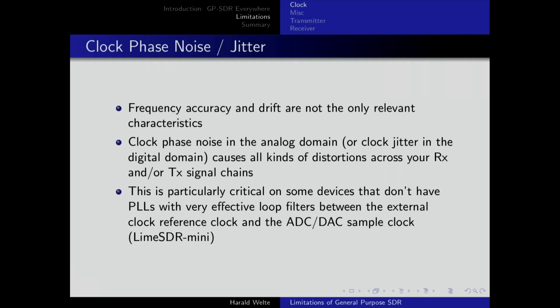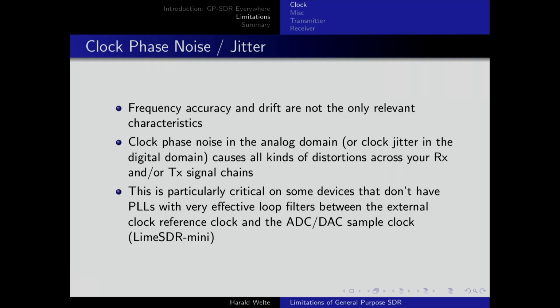And it's a problem because the phase noise can distort basically any part of the signal. And in some devices, that's even a problem where there's no proper or no decent PLL loop filtering after the reference clock that you feed into a device, and then basically your sample times offset.